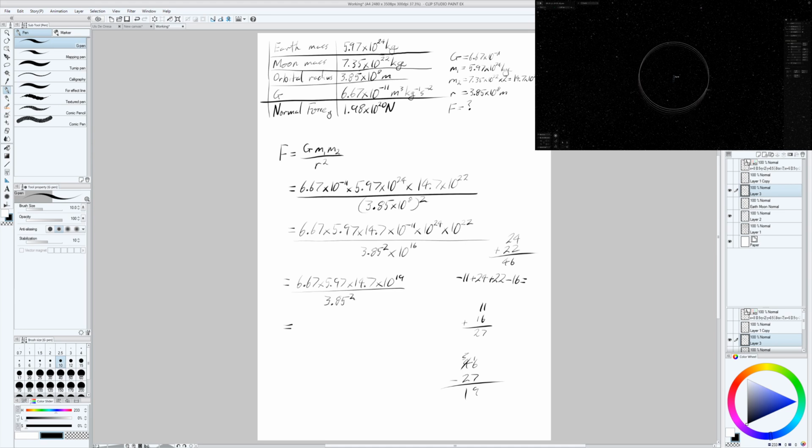So I've got a calculator, you won't be able to see it, but I'm just going to quickly do the numbers. So 6.67 times 5.97 times 14.7. I'm just doing top and bottom separately. So we have 585. Now you use unrounded values whenever you're doing the working.